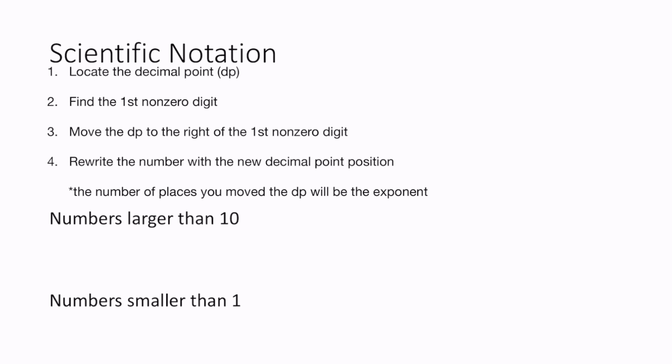The next thing you're going to want to do is find the first non-zero digit, and this is when you are reading from left to right. After you've done that, you want to move the decimal point just to the right of the first non-zero digit, and you're trying to make a number between 1 and 10.